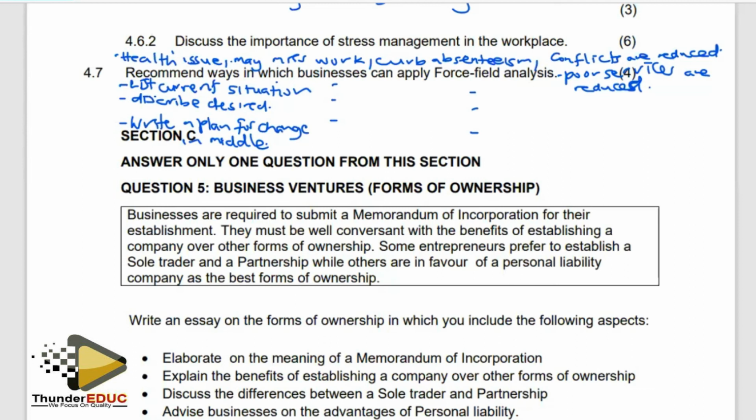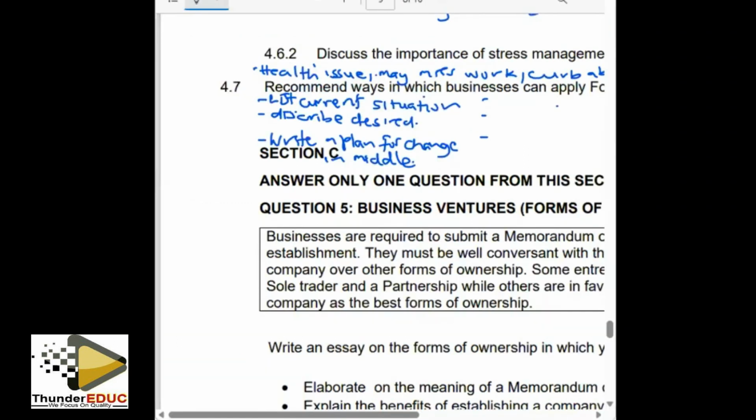List all the driving forces of change and resisting forces of change.